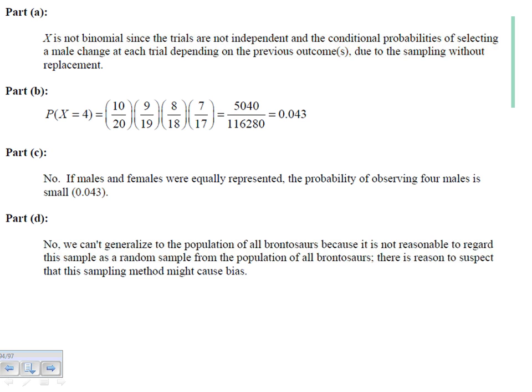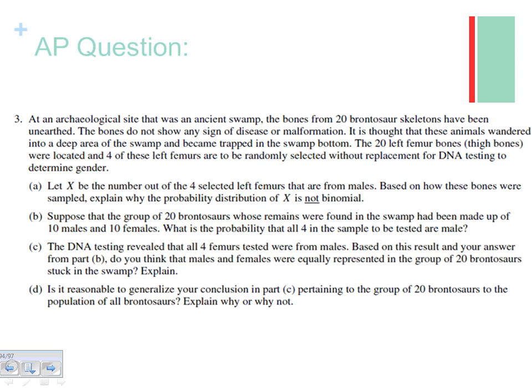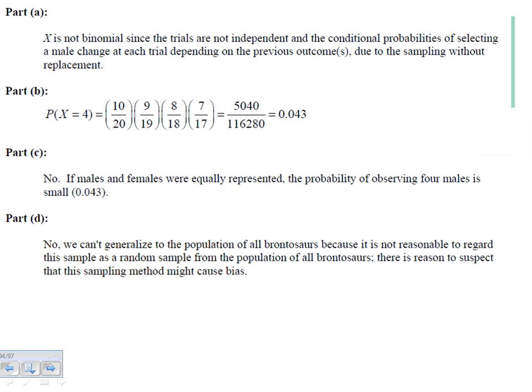Okay, A, it's not binomial because each child was not independent, okay? Because you sampled without replacement. All right, B, suppose that a group of 20 brontosaurs whose remains were found in the swamp had been made up of 10 males and 10 females. What's the probability that all 4 are going to be males?